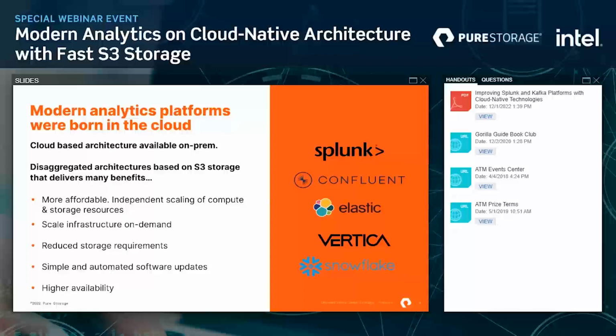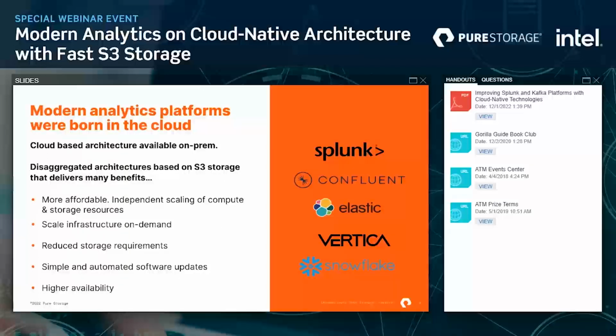This offering can be deployed in the cloud or on-prem, and it benefits all. When you are able to scale compute separate from storage, you're no longer overspending on unnecessary resources, and you can scale on demand.